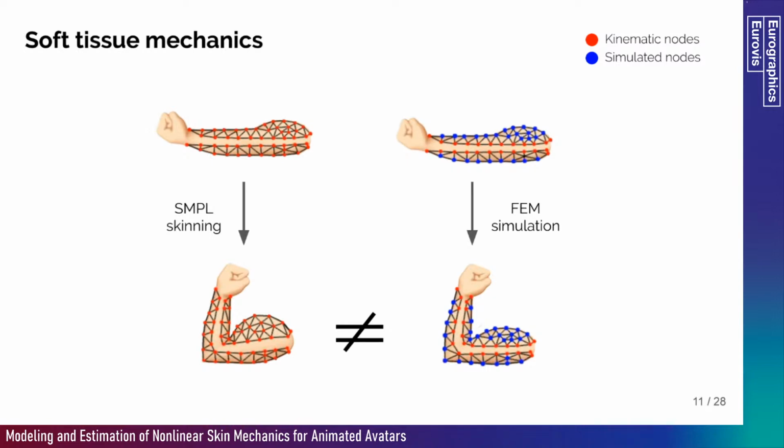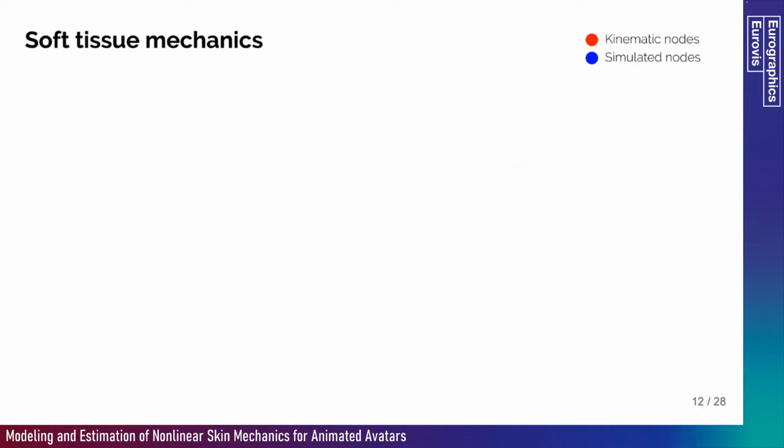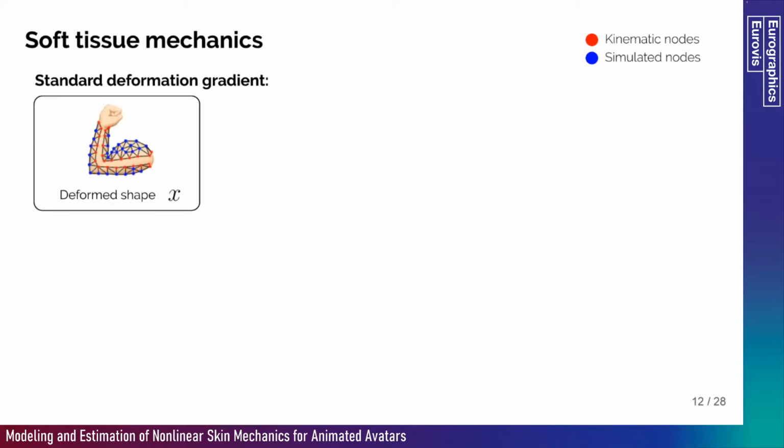To preserve the surface detail of SMPL for static poses, we propose an alternative deformation gradient. The standard deformation gradient for a given deformed shape is defined as the derivative of the world space position x with respect to the material space position X. Our alternative deformation gradient removes the influence of the current avatar pose.